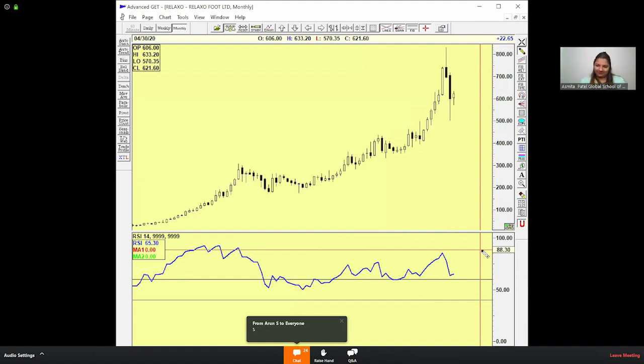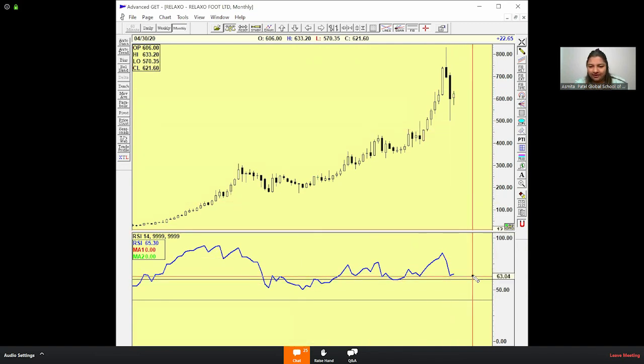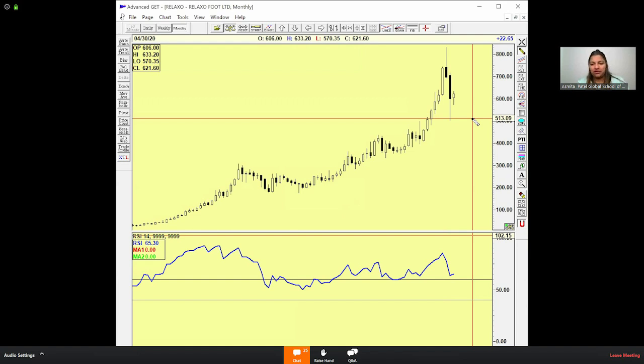Now assume that all three time frames are in an uptrend. I wish I had three hands. Now when it starts reversing, to go down, which will go down first?